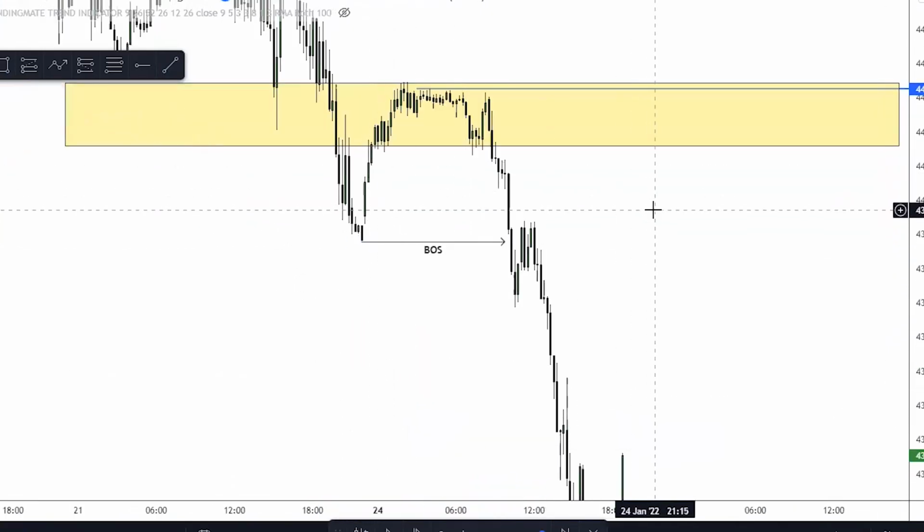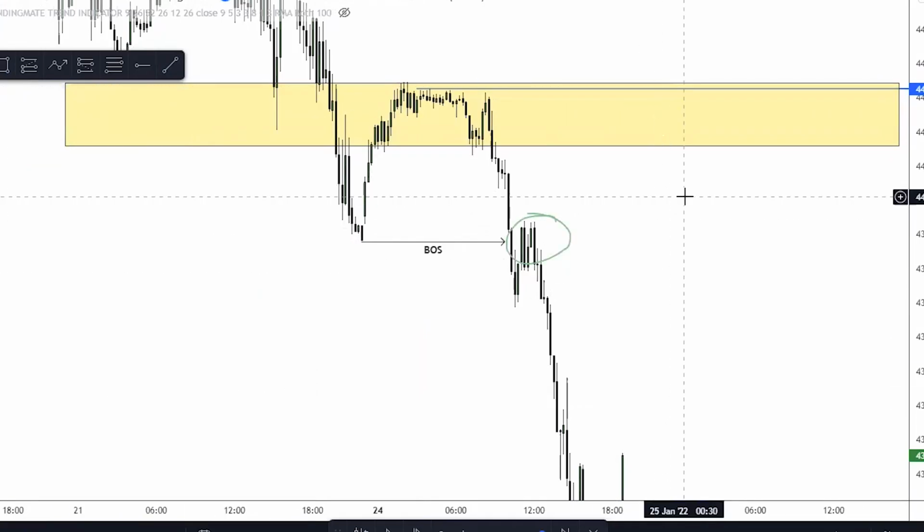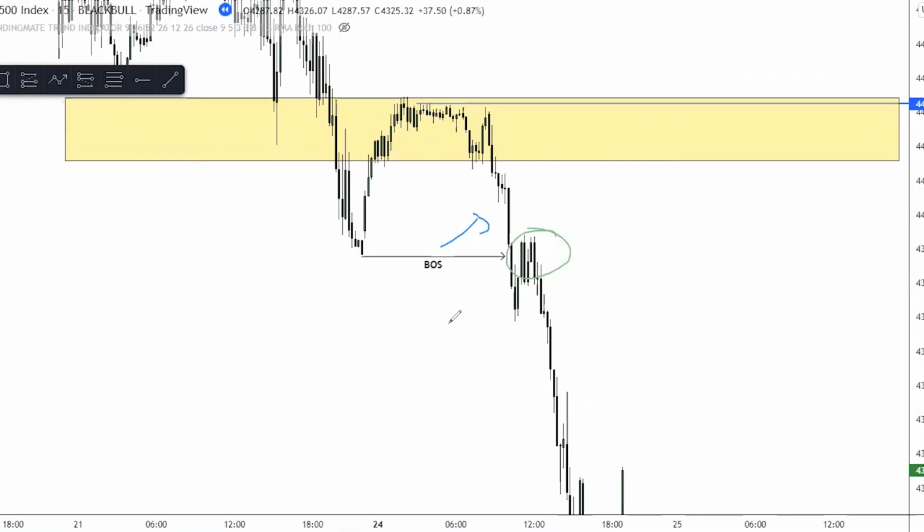So, okay, another question. What is the POI in this situation? It's time to learn, practice a little bit. Remember, you need to identify a POI that is above the break of structure line, an impulsive candle, and near the key level.